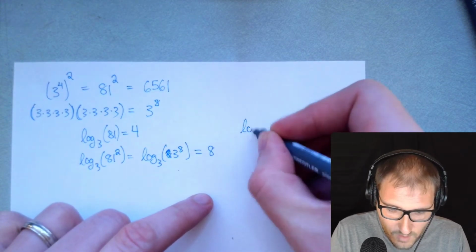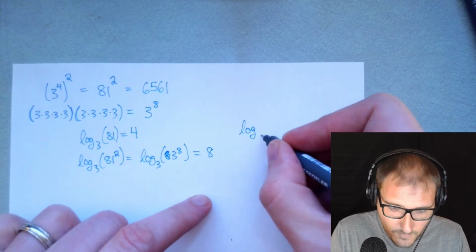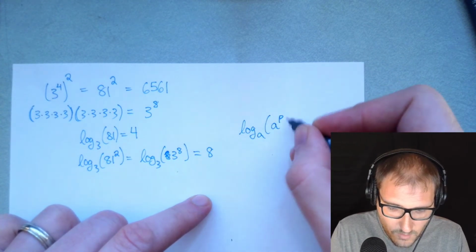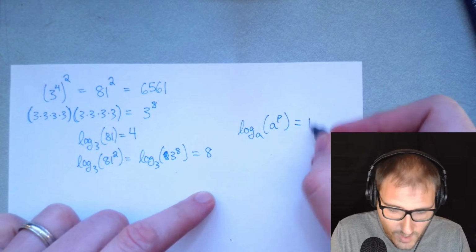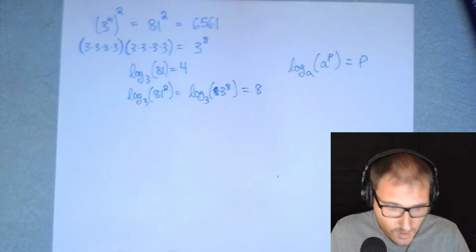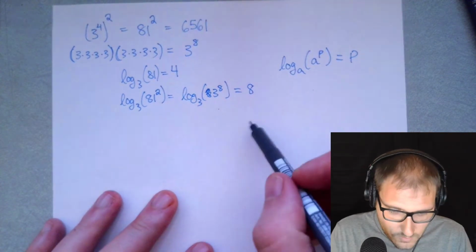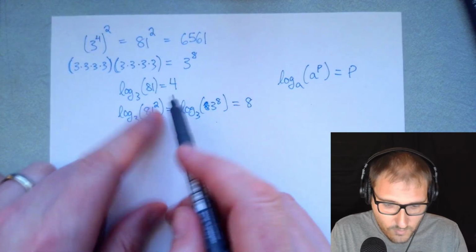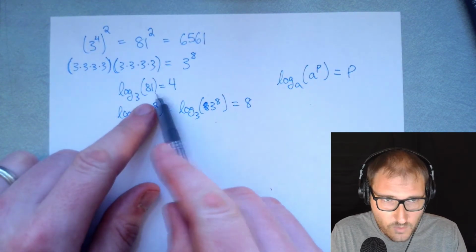So if you have log base a of a to the p power, you just get p back from the definition of log. So the point I was trying to make here is that when we did log base 3 of 81, we got 4.